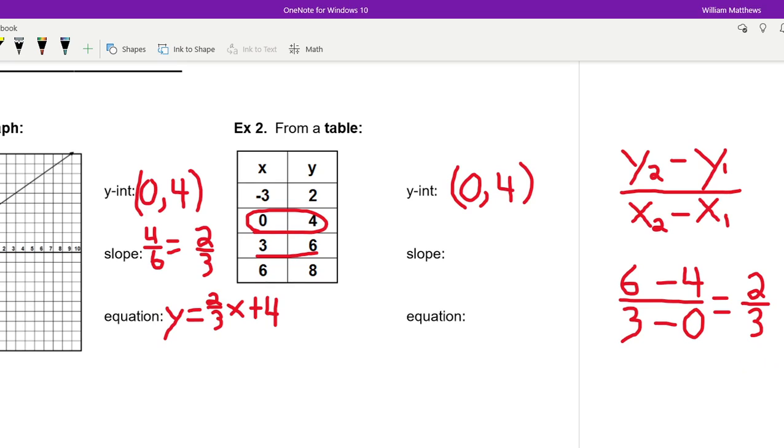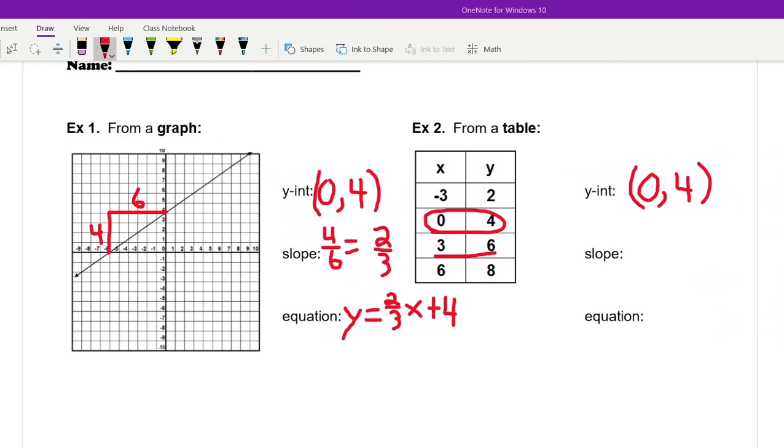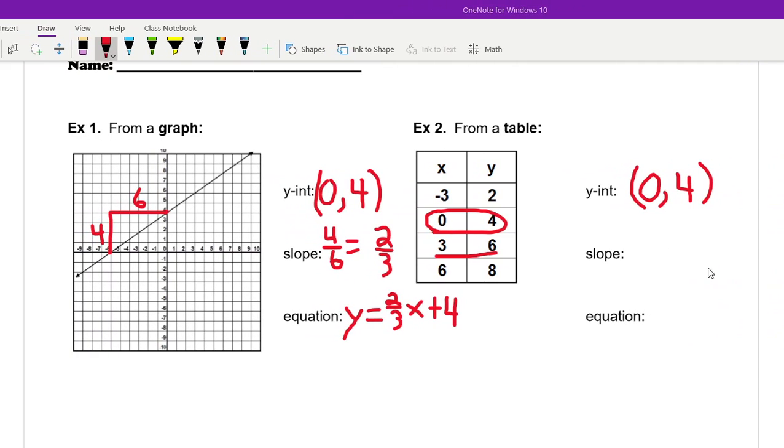So if you haven't noticed by now, our y-intercept and our slope is the same as our graph to the side. This means that our graph and our table are going to be the same line. In this case, our same y-intercept, our same slope, gives us the same equation.